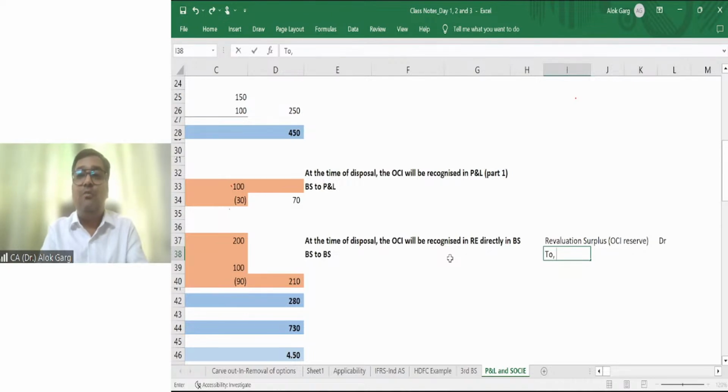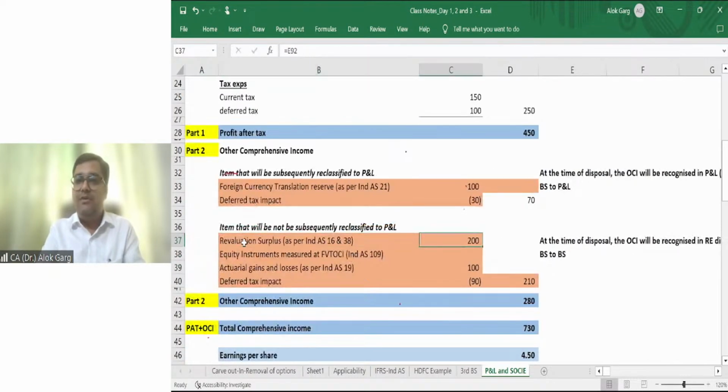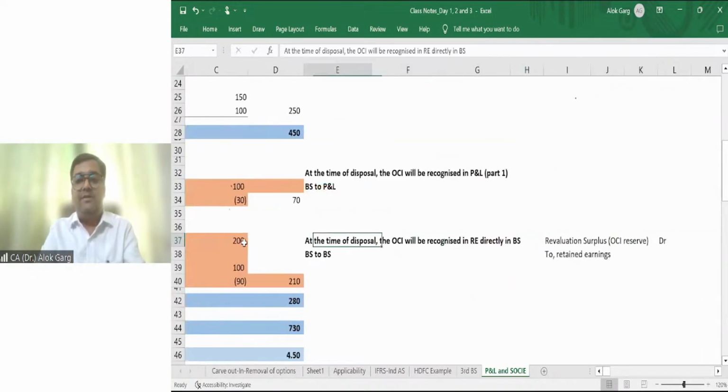So it's a balance sheet to balance sheet entry to retained earnings. Right? So in the next year, what will happen? Like in this year, you have a positive balance in OCI in the name of revaluation surplus. In the next year, you will have a negative balance in OCI, right? And you have a positive balance in retained earnings. Okay. So this is balance sheet to balance sheet.